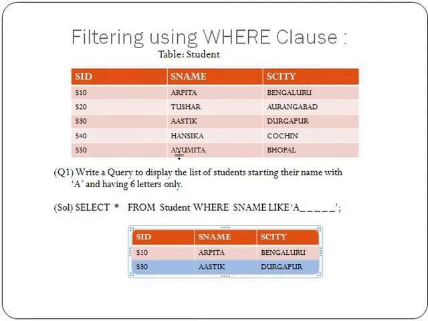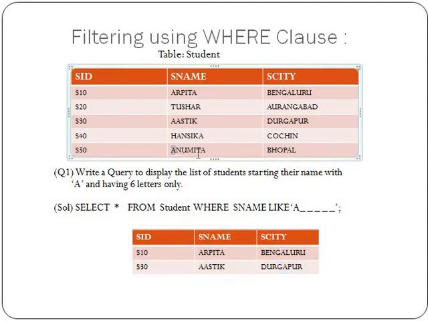Then the next student name that starts with the letter A is Anumita. If you look at Anumita, its first letter is A. Okay, this condition has been satisfied because the first letter is A. Now if you count the remaining number of letters, how many letters are there in NUMITA? There are 6 letters.